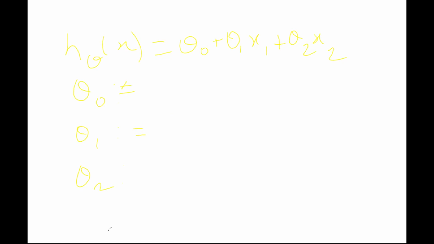So I write theta naught minus alpha 1 upon m, summation from i equal to 1 till m, of h of theta x_i minus y_i into x naught.